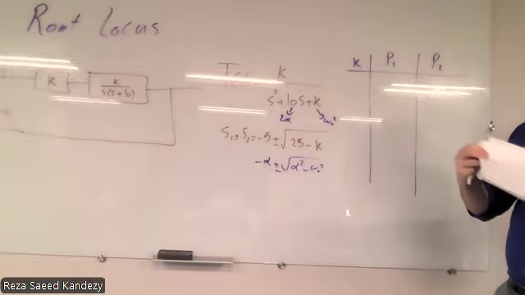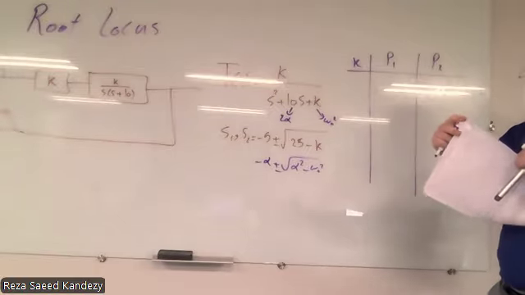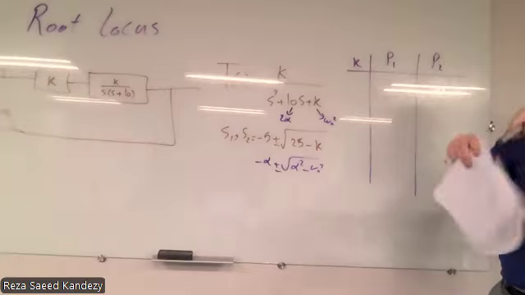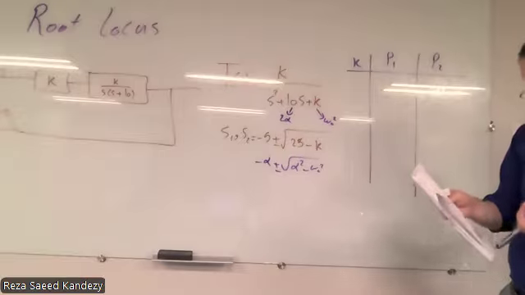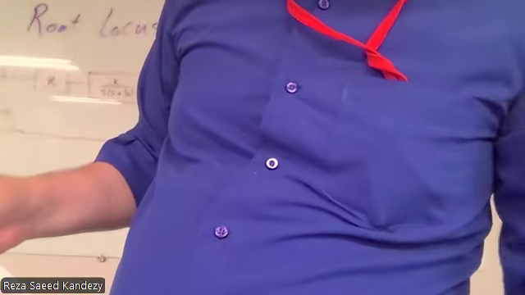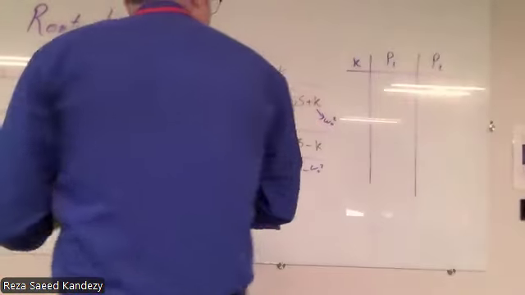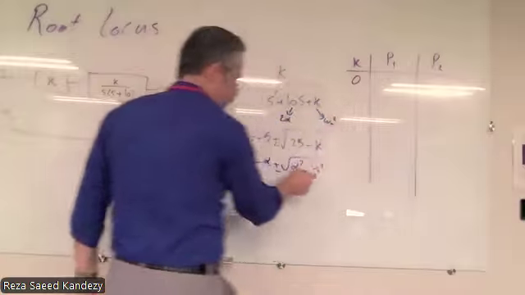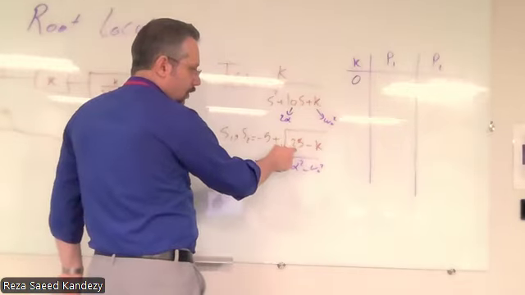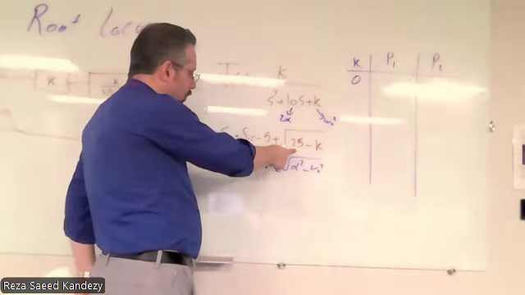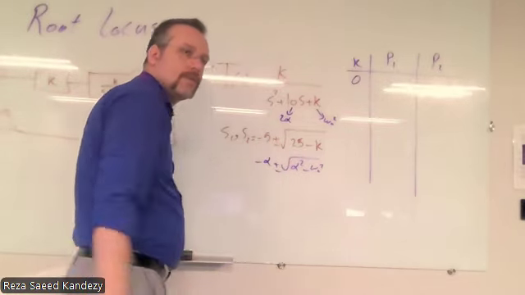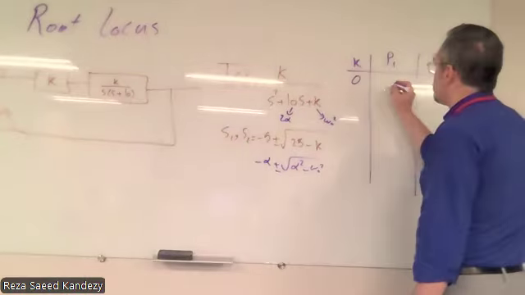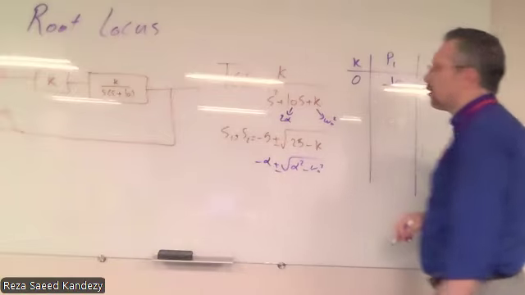If k is 0, what's going to happen to my poles? Here, this becomes 5, right? So it's minus 5 plus 5 and minus 5 minus 5. So one of my poles is going to be minus 10, and another one is going to be 0.